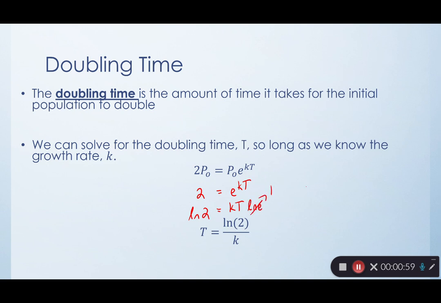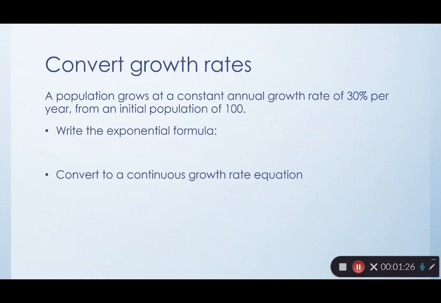And then we just divide both sides by K. So our doubling time is ln2 over K. And the nice thing is that since this book sets it up as decay being either negative KT, then this is the exact same formula for half-life, which is the amount of time for a decaying function to go from the initial population to half the initial population. But we'll talk about that later.